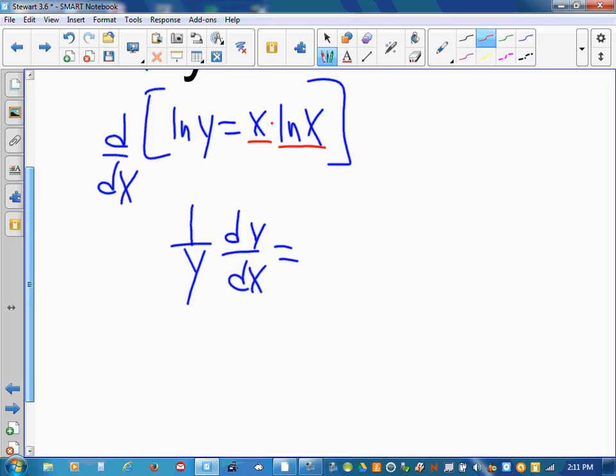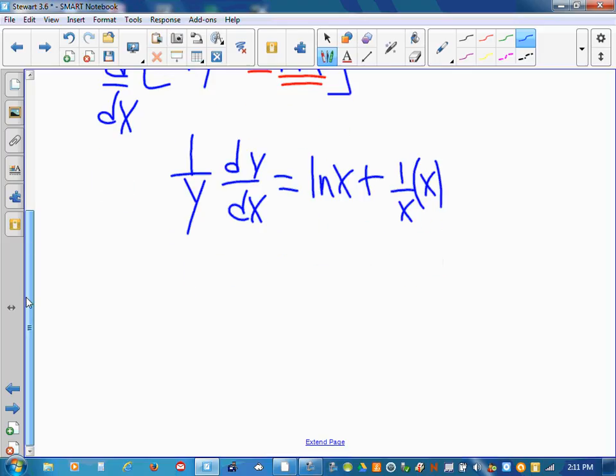Aha, the product rule. There's no implicit differentiation on this side, it's all explicit. The derivative of the first is 1 times the second, plus the derivative of the second, which is 1 over x, times the first, which is x.